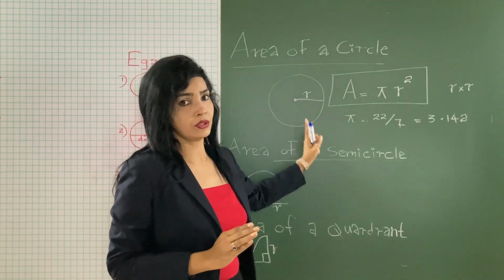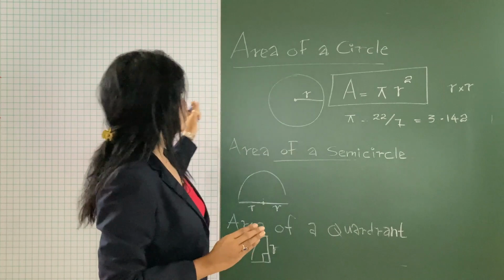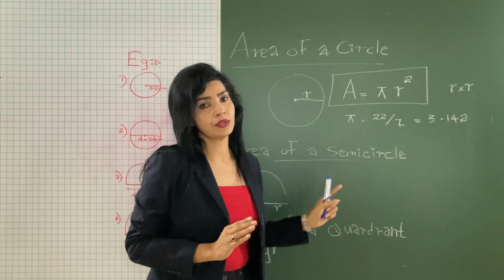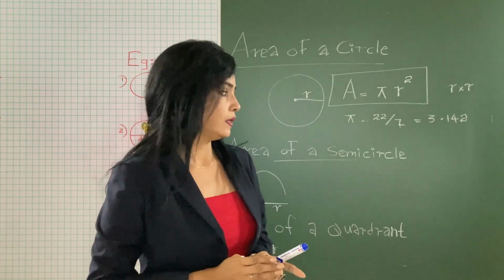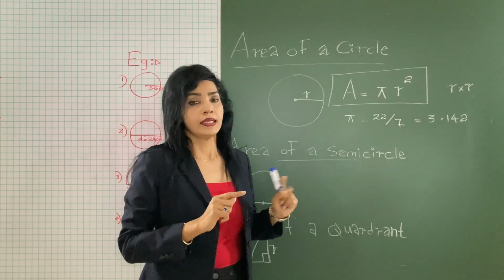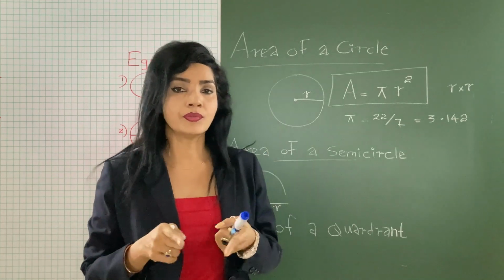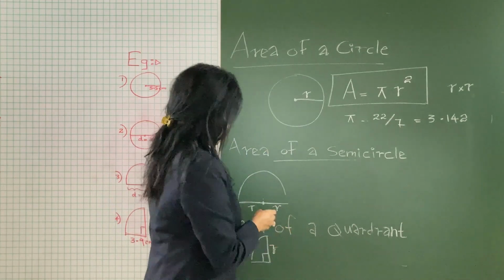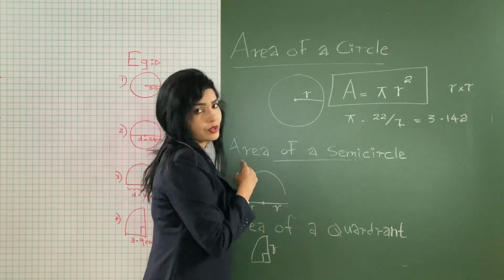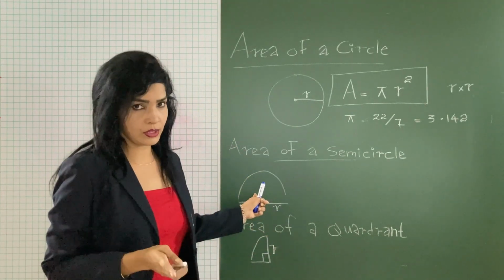We are coming to the semicircle. First of all, let us know these three theorems and move on to the examples. If you take the area of a semicircle, it is a half of a full circle. If you complete this, it becomes a full circle, right? So this is a half of a full circle.